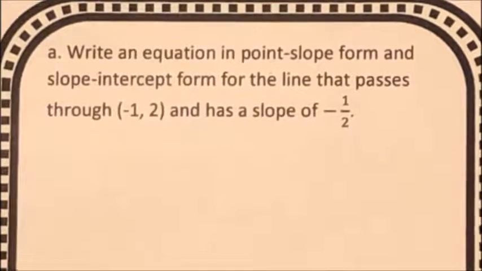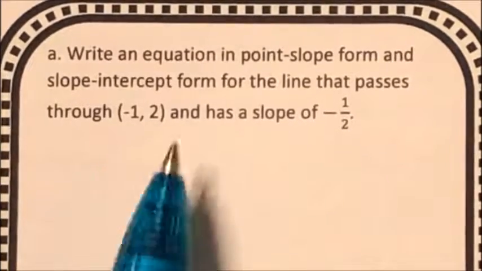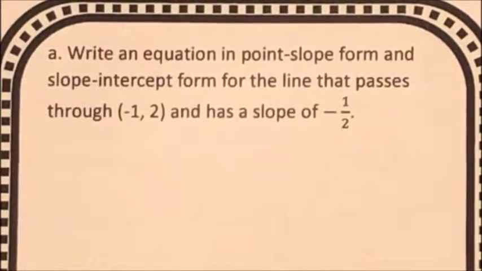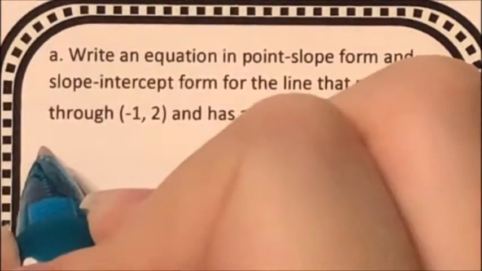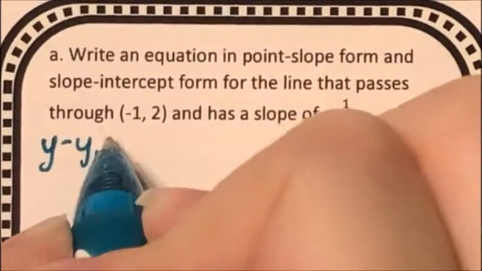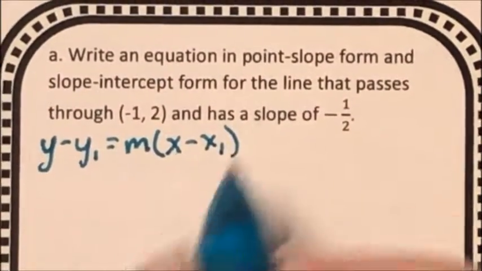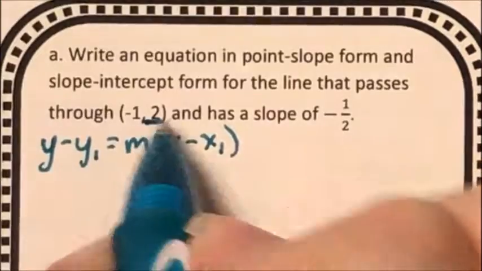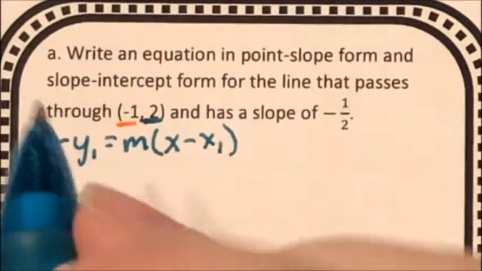So letter A says write an equation in point slope form and slope intercept form for the line that passes through -1, 2, and has a slope of -1/2. Okay, so my equation is y minus y1 equals m times x minus x1. Okay, here's my y, here's my x, and then my slope.